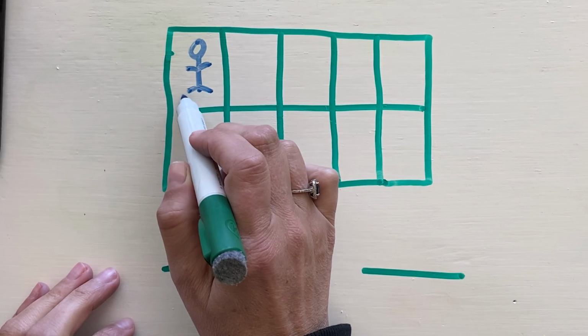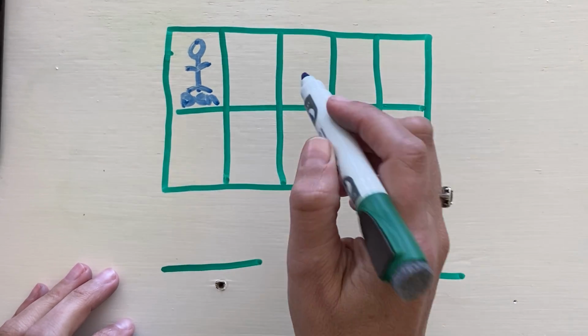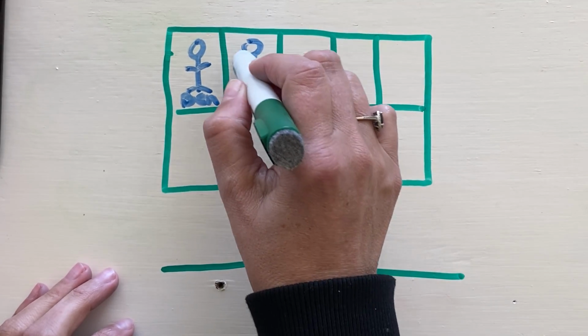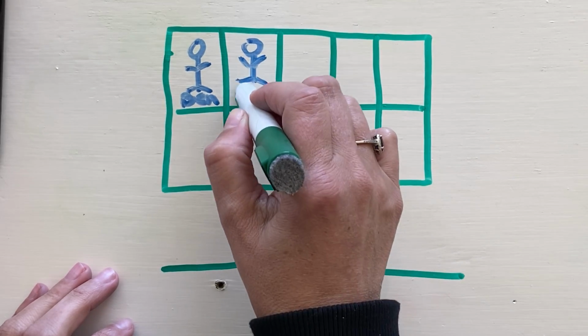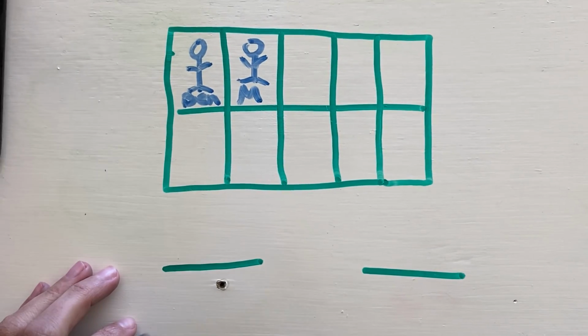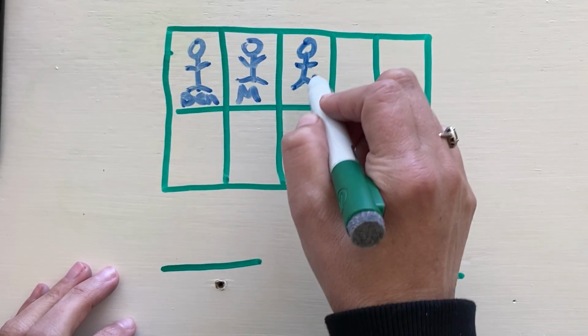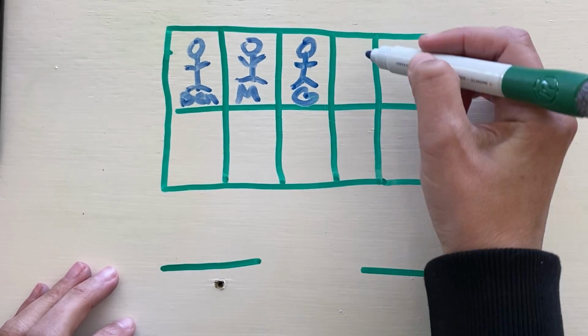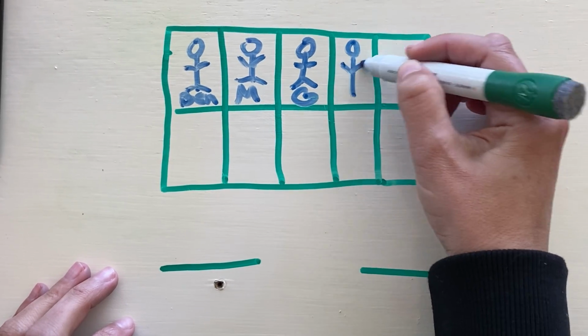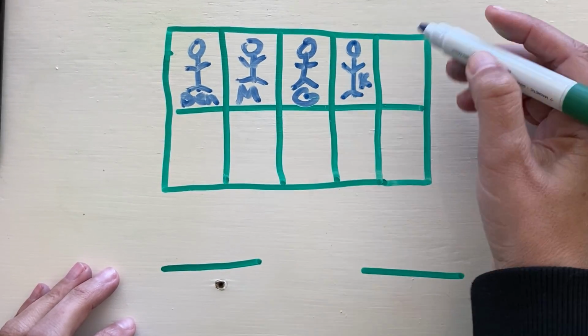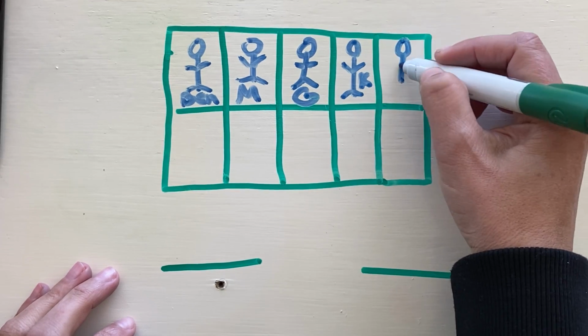So here we have Ben, and we have Matthew. I'll put an M for Matthew. We have Grace. We have Cobain. And Callie.